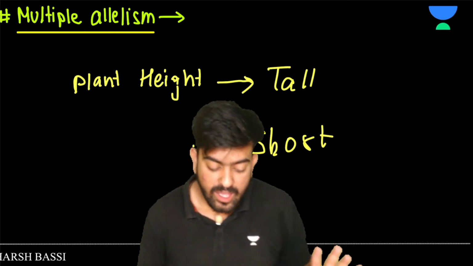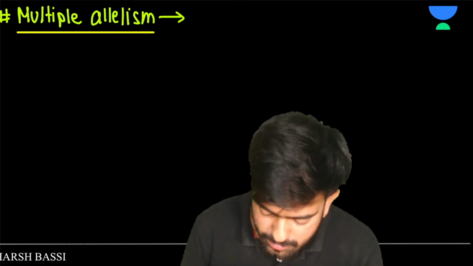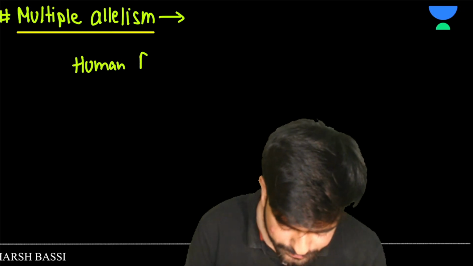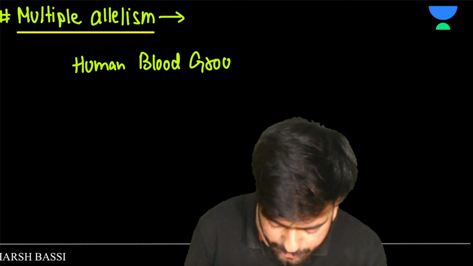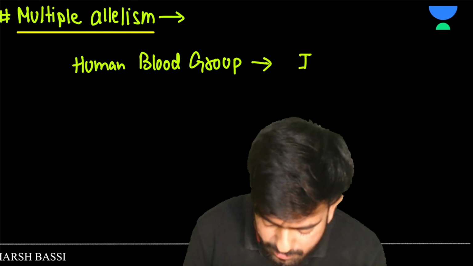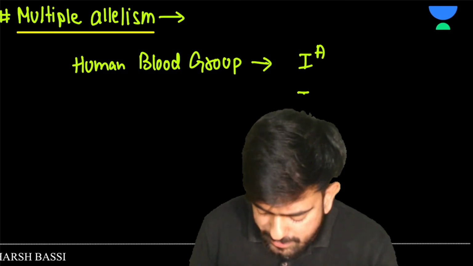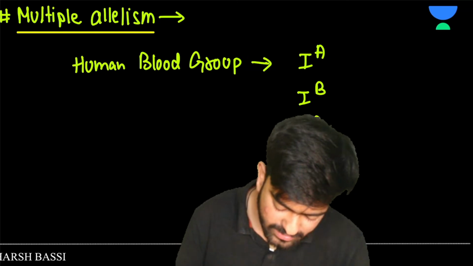No. If I am talking about the human blood group, we have seen that there are more alleles, like IA giving the A blood group, IB giving the B blood group, and IO giving the O blood group.